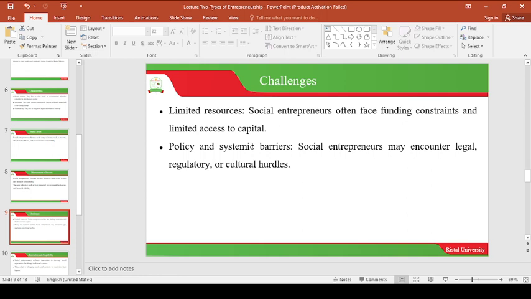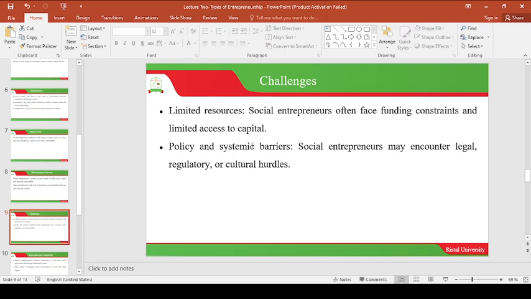That affects the institution. For example, if you want to open up a branch, maybe in Eastern Equatoria, where do we get the fund from? It means we are going to look at the tuition collections in order to facilitate the branch in Eastern Equatoria. So it becomes very challenging for social entrepreneurs in terms of resources.